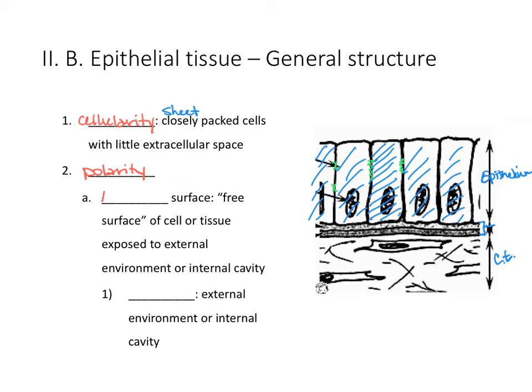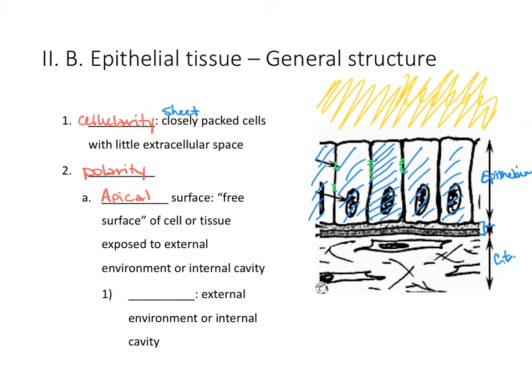So let's start off with what's called the apical surface, and that is the free surface of the cell, or in this case of the tissue, that is exposed to the external environment or an internal cavity. So I'm going to tell you that this area here that I'm going to kind of color in yellow may be the external environment.